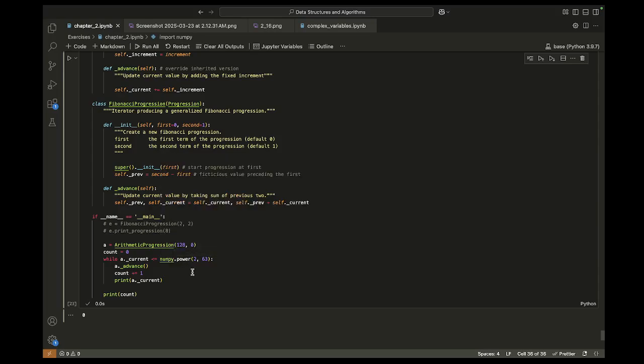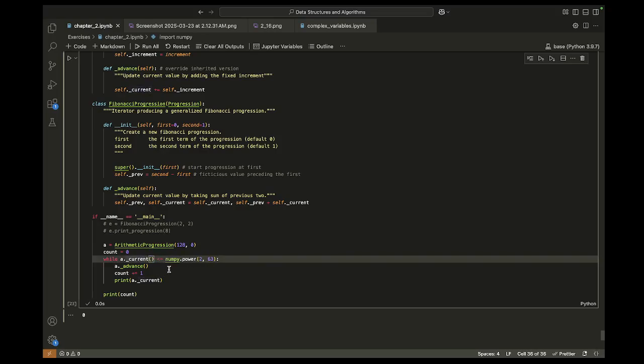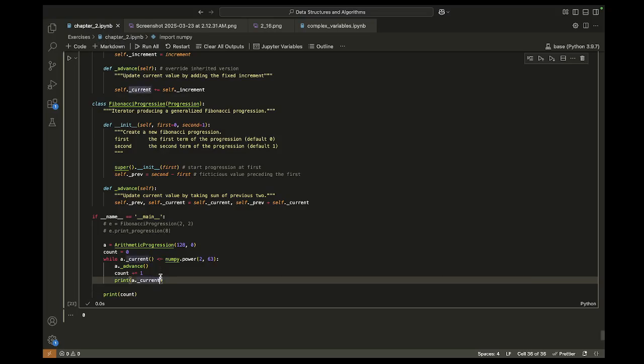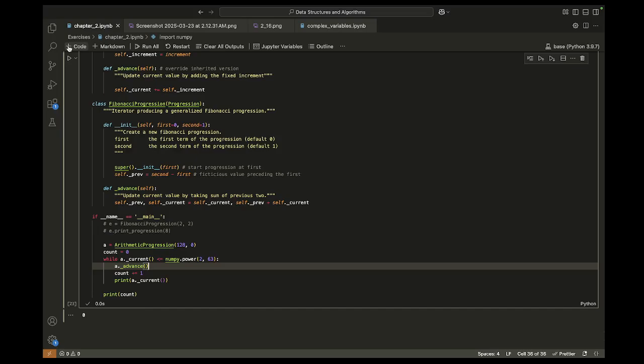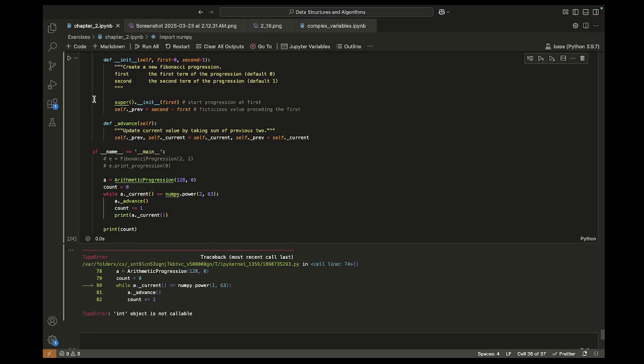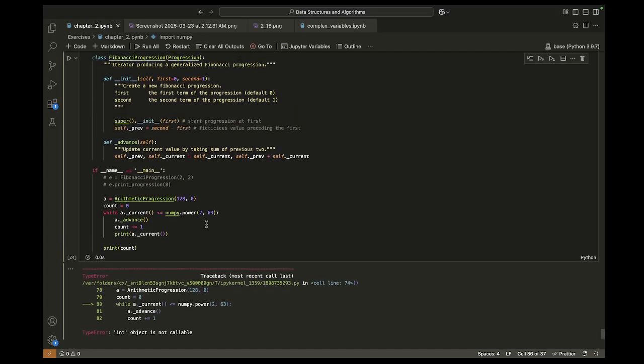Now there's something wrong with the while loop. Am I supposed to use brackets? Int object is not callable.